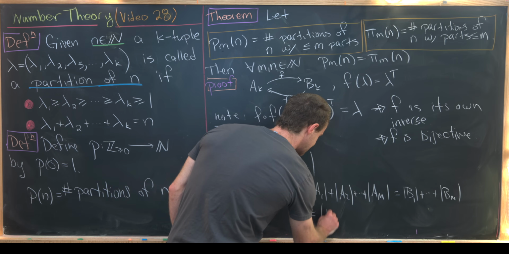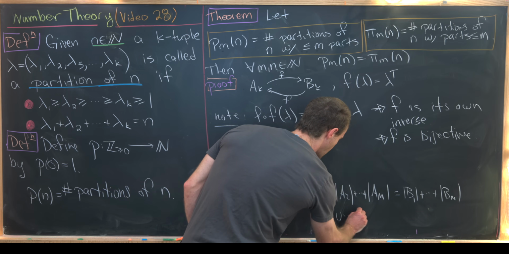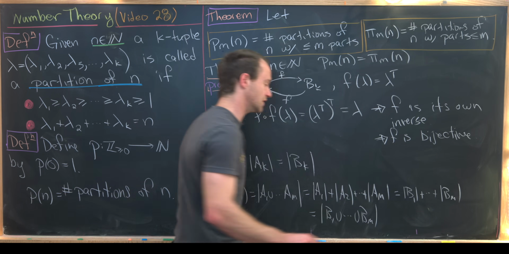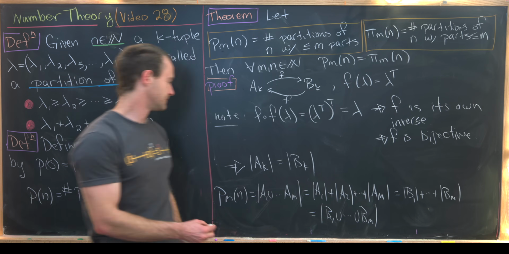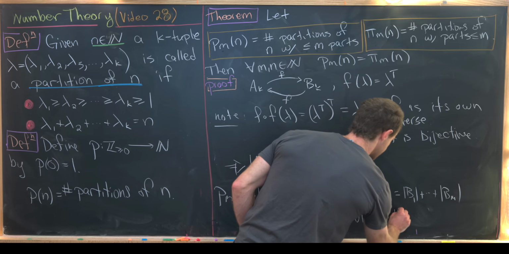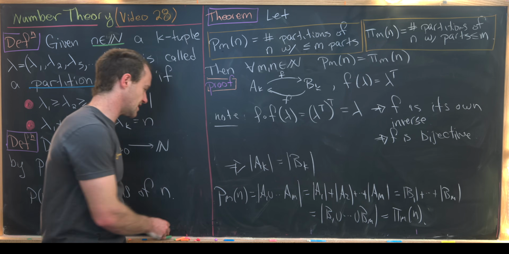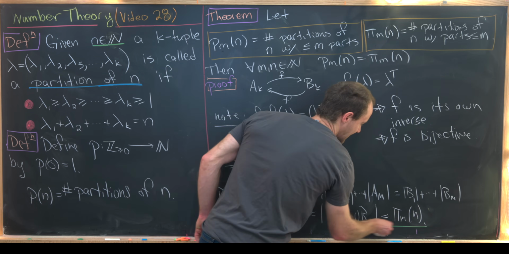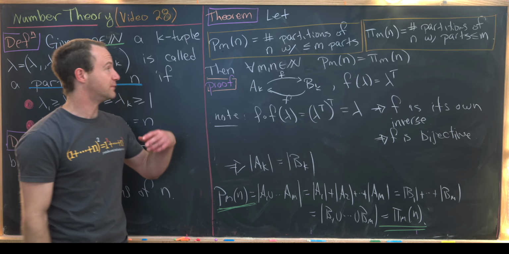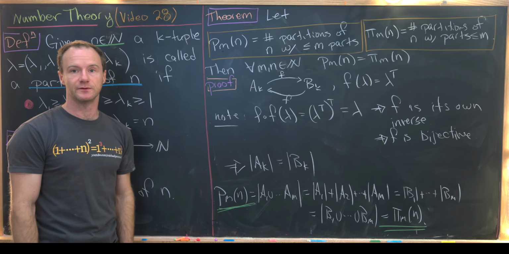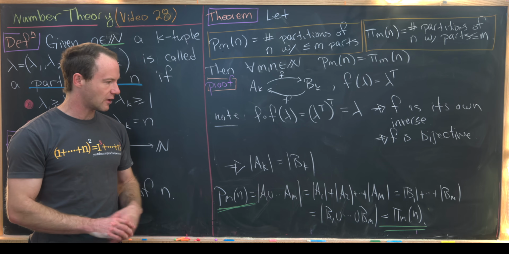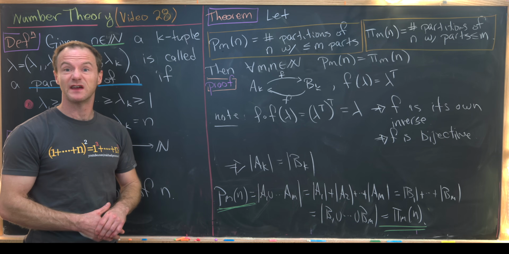But that's equal to the size of B_1 union all the way up to B_m, again, because those are disjoint sets. But that was just another way of counting p_m(n). And so looking at the extreme left and right-hand side, we see that we have built the equality that we wanted to. Okay, so let's finish this video off with a couple of warm-up problems and then we'll be done.